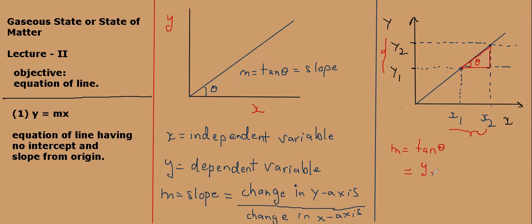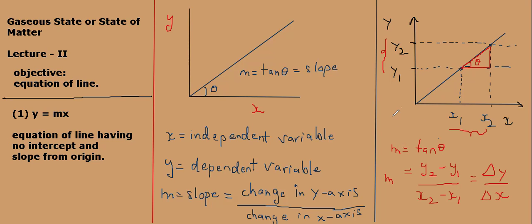So we can write y2 minus y1 divided by x2 minus x1. We can say the slope in that way. The difference in y-axis with respect to x-axis you can write as delta y upon delta x. So slope is also given in this manner, that is, change in y-axis with respect to change in x-axis. It also gives the information regarding the slope.